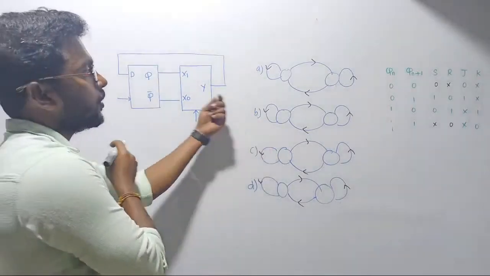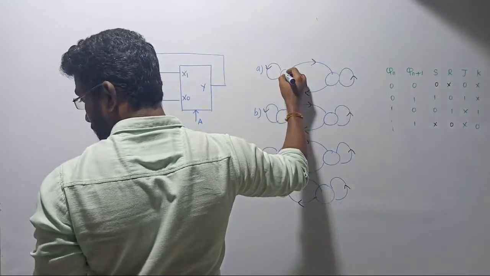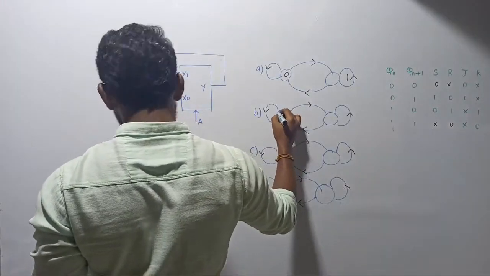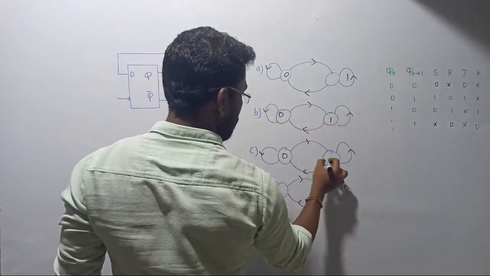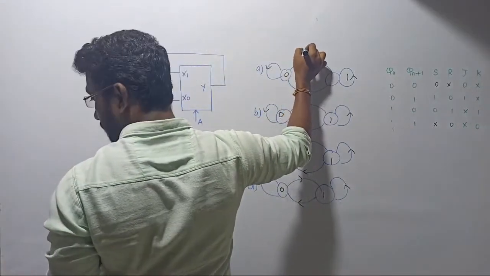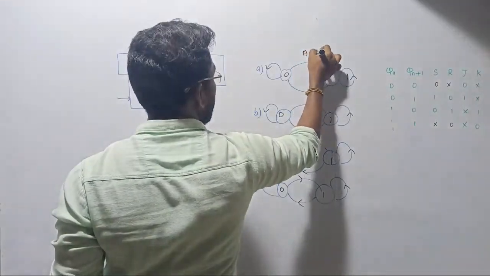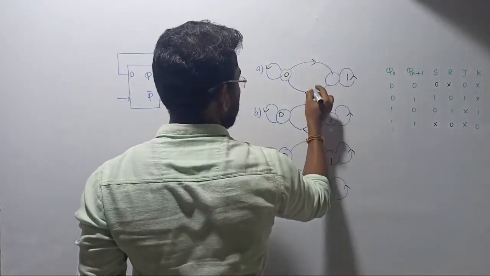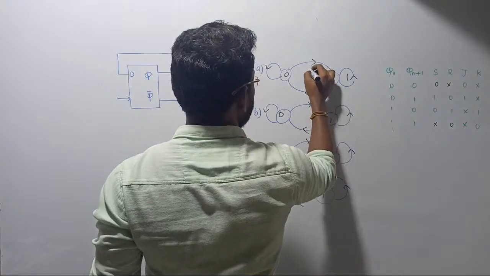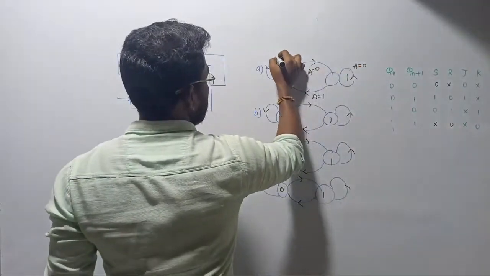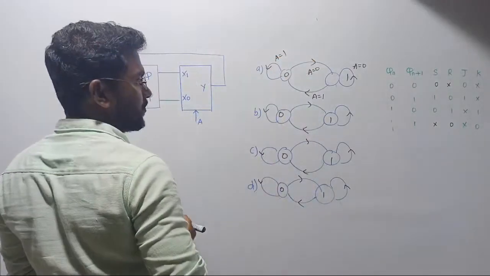Okay, let us place the variables. Given Q is equal to 0 1, 0 1, 0 1, 0 1, and they are putting a variable, value of A initially, that is A is equal to 1 here. Wait, I have to write it properly. This is A is equal to 1, this is A equal to 0, and this is A is equal to 0, this is A equal to 1. This transition will occur.